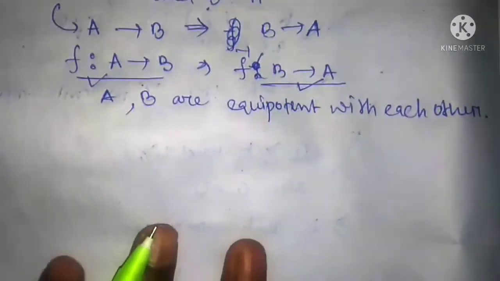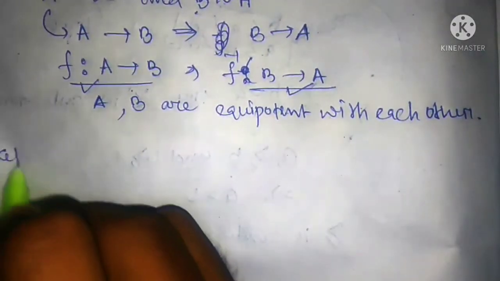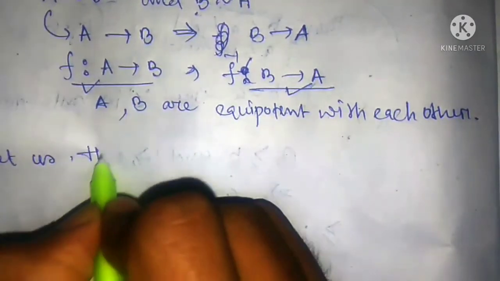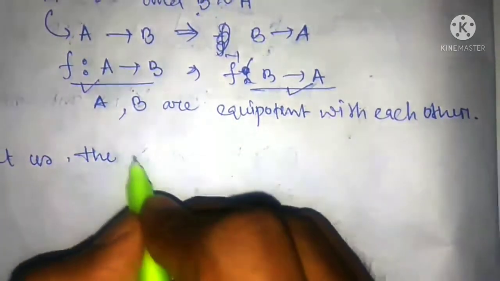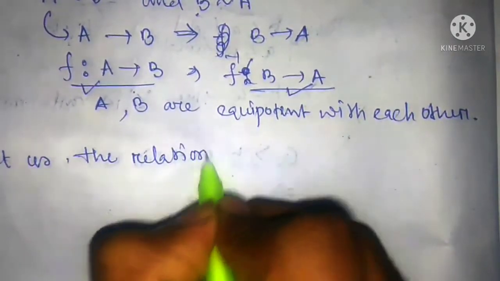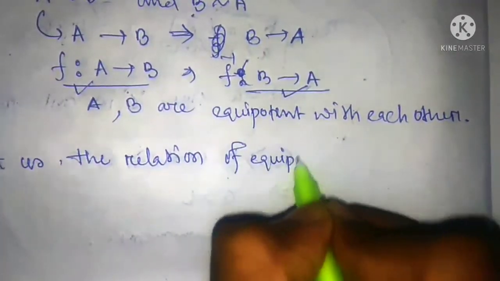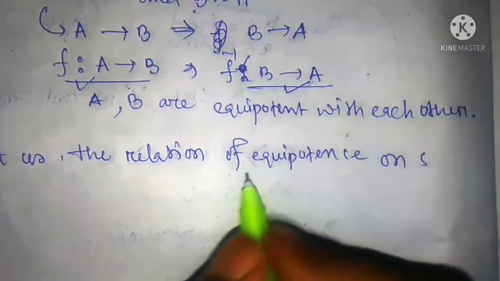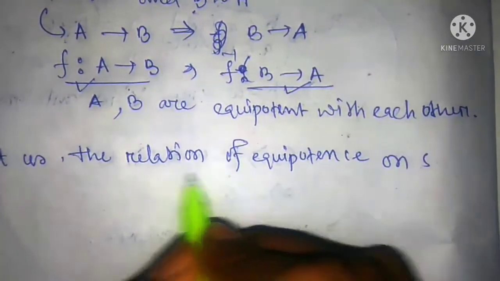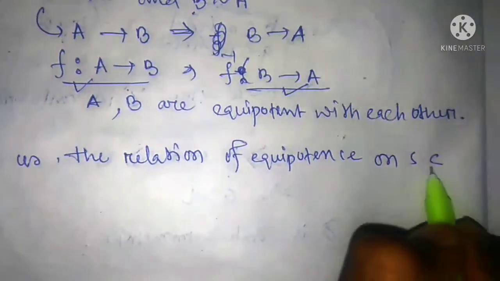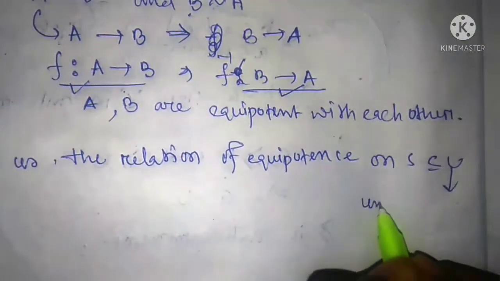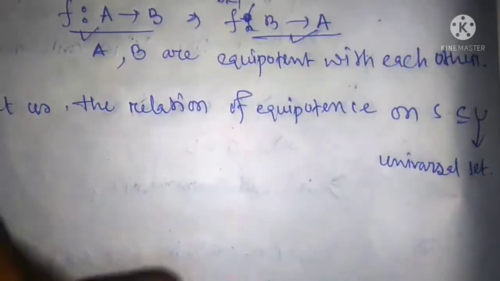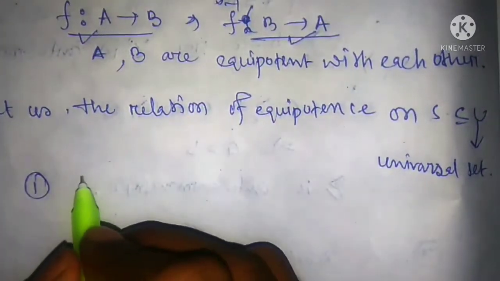Okay, so let us try an example. Let us take the relation of equipotence on the set S of all non-empty subsets of a universal set. What we have to check is whether it is reflexive or not.